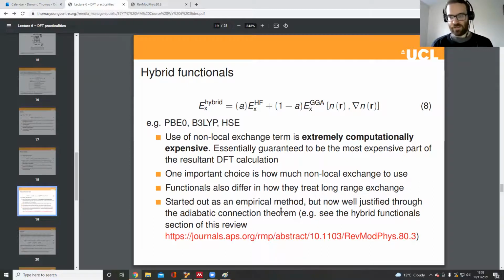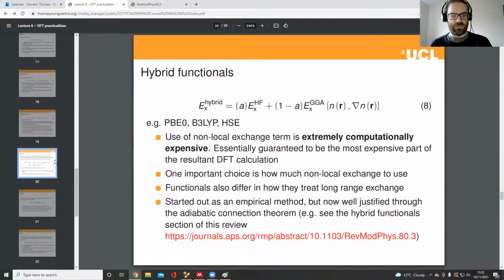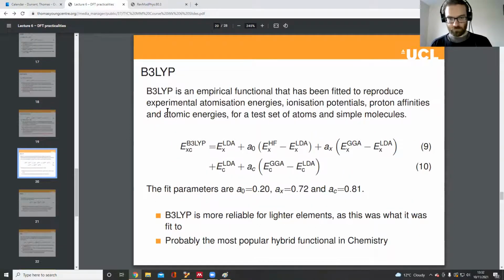But there's a lot of choice in how you parameterize these things. You can get quite a wide range of results. So one strategy, followed by B3LYP and many other functionals, is to start off with a huge set of experimental data that you've tabulated, calculate with DFT, and try and pick your parameters such that you can match your predictions from theory to your experimental data as well as possible. This is what they did with B3LYP, particularly for chemical data on lighter elements.